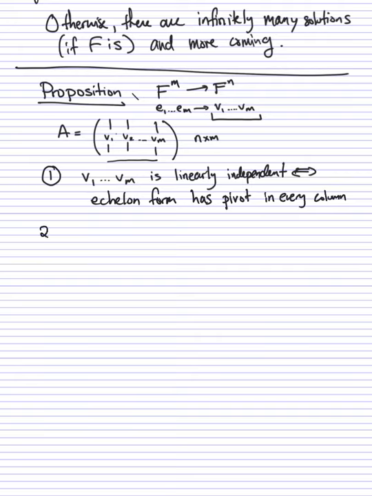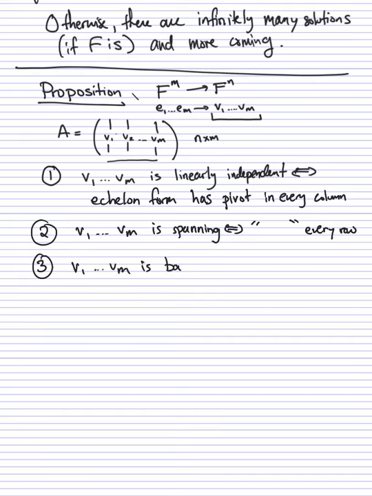The second one: it's spanning if and only if you have a pivot in every row. And it's a basis if and only if you have a pivot in every row and column.